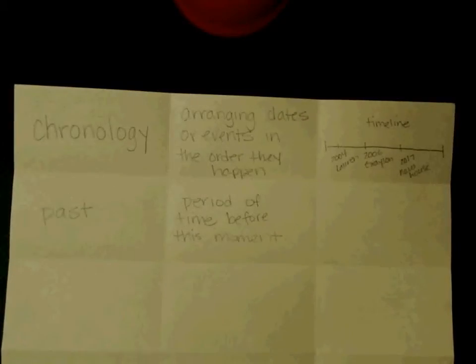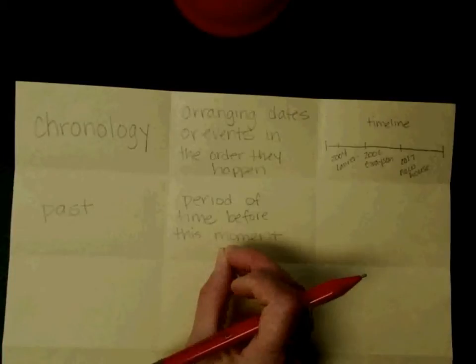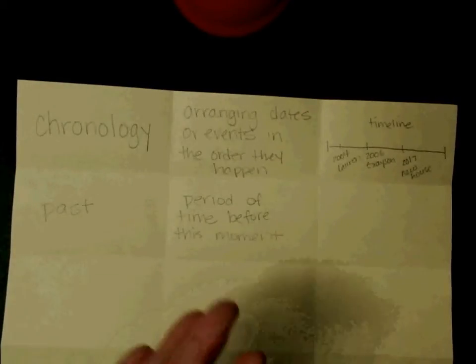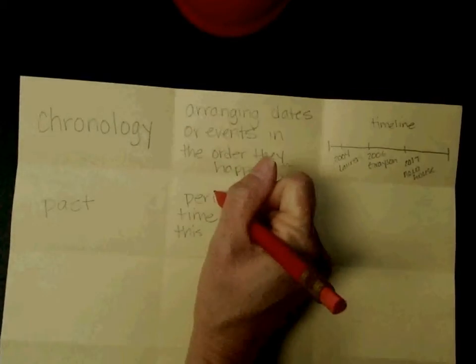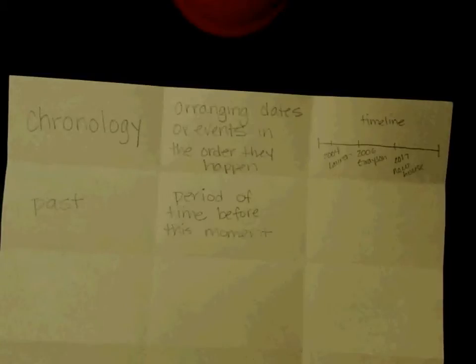Okay, so let's think about that. Anything that happened before right now is in the past. It could have happened yesterday. It could have happened a year ago. It could have happened 100 years ago. That is all what we refer to as the past.